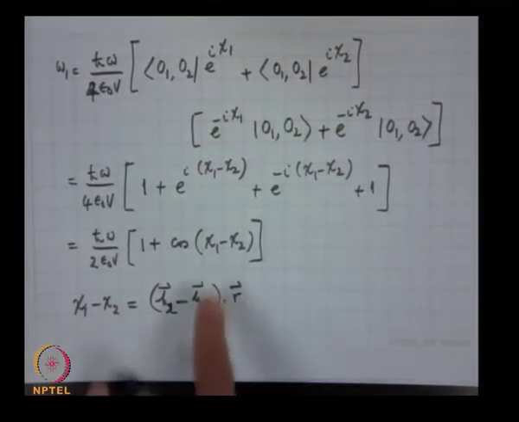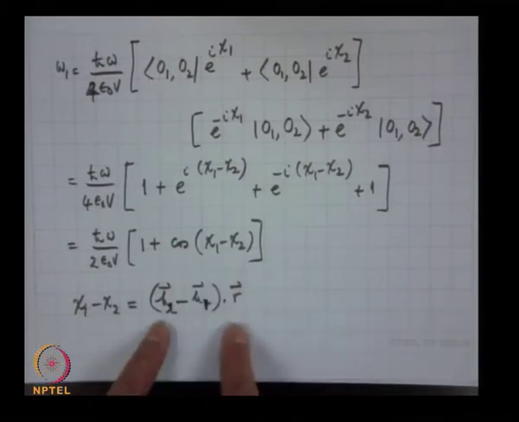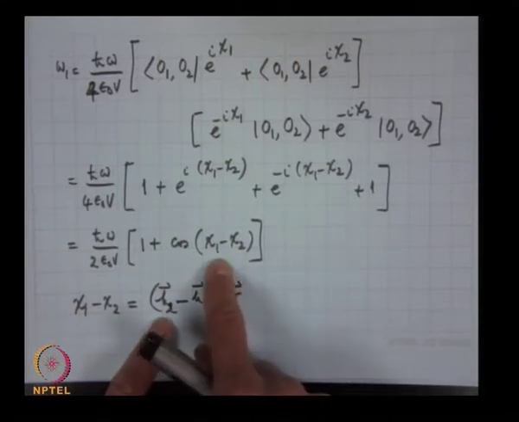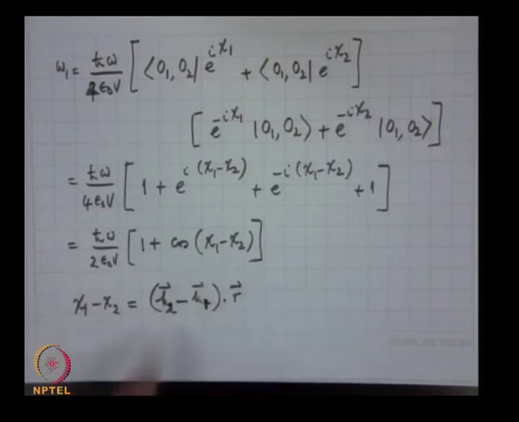So you see here interference. At those values where this is 0, 2 pi, 4 pi, etc., this is plus 1, and I get a maximum probability of photoionization. And whenever the cosine term is negative, minus 1, the probability becomes 0.